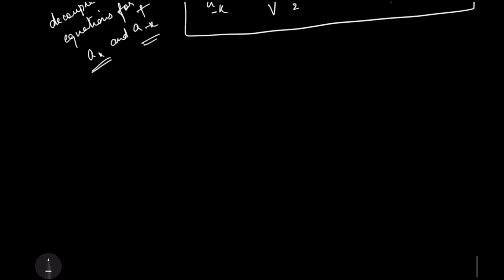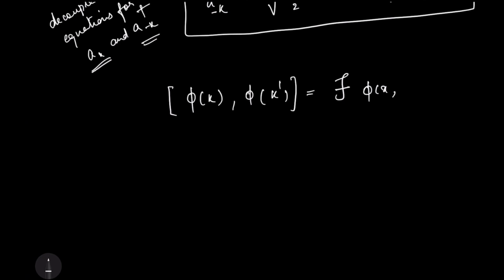And now in Fourier space you have to find the commutator. So phi of k comma phi of k prime will be the Fourier transform of phi of x and phi of x prime, which will be the Fourier transform of 0, which will be 0.